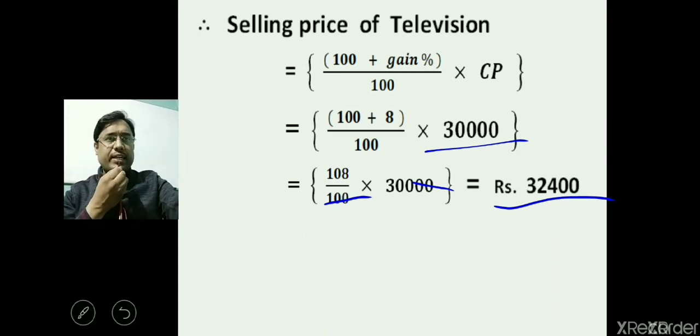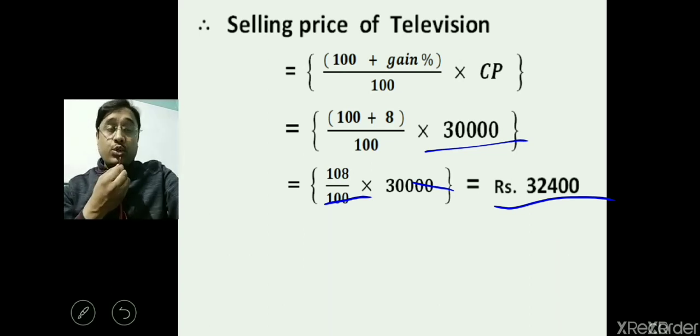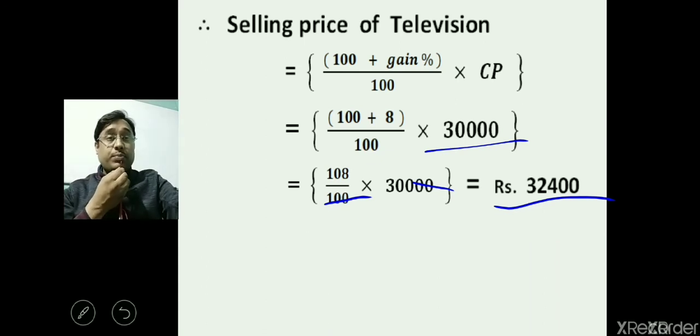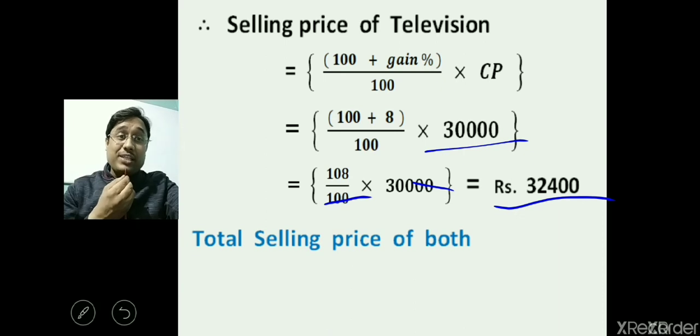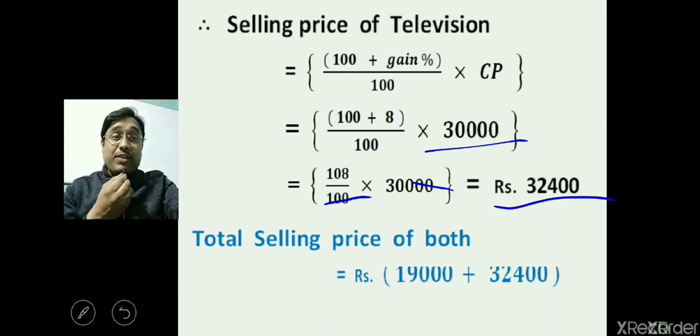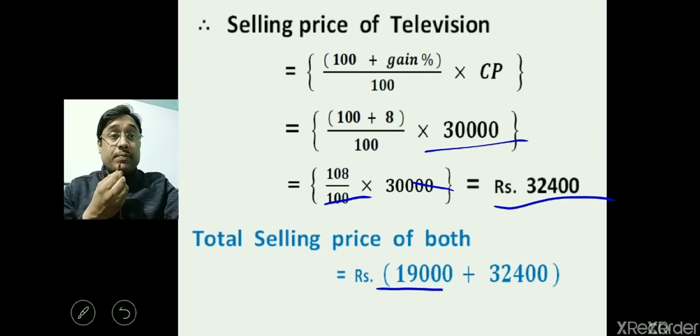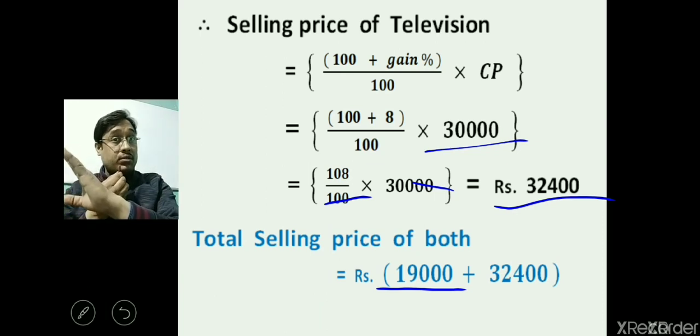Just for understanding that. Now you need to find the gain or loss percent on the whole transaction, on the television and the washing machine also. Hope you are understanding this. So now you will write the total selling price of both: 19,000 plus 32,400. 19,000 is the selling price of the washing machine, because there it is a 5% loss on the 20,000 cost price.